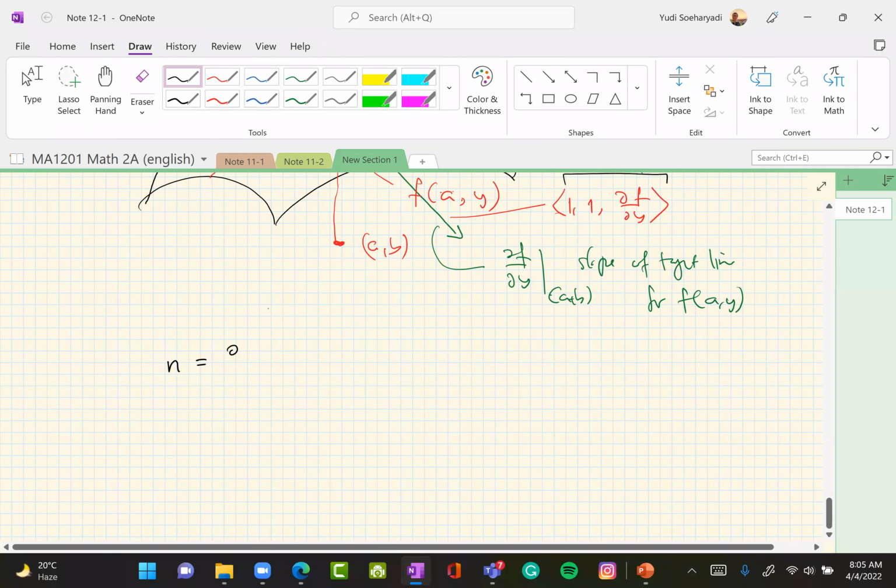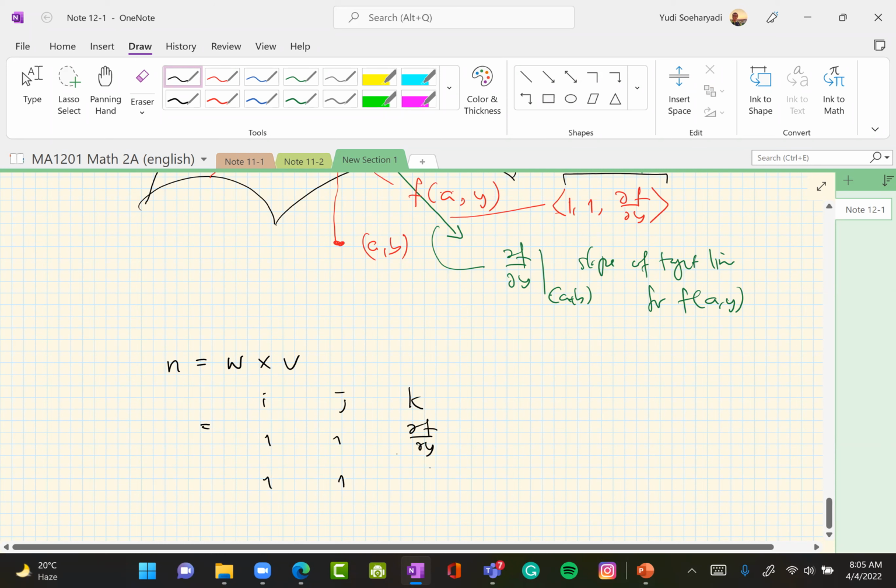W cross V. What is that thing? So this is i, j, k. W is 1, 1, df dy.